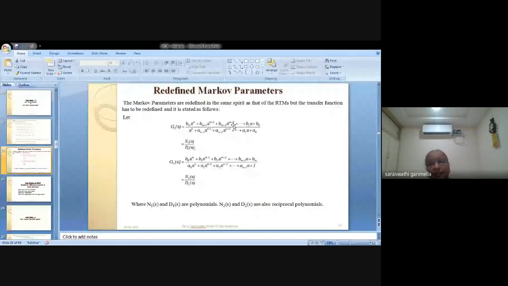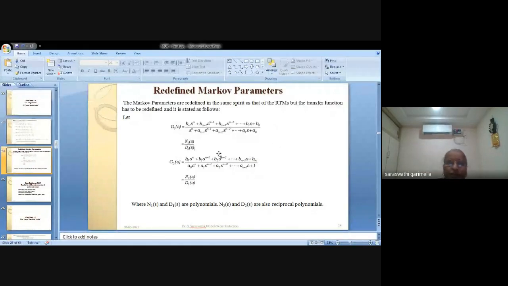We consider the transfer function in this fashion, which is what we consider in textbooks. But for Markov parameters, we take s tends to infinity. Then it becomes like this: B0 s to the power of m. The coefficients will be the same, but the powers will be reversed. That is what Markov parameters are.